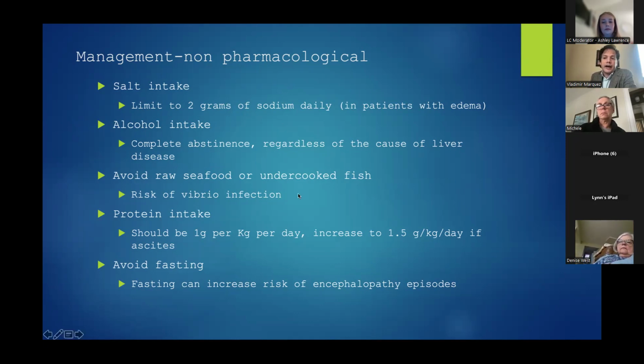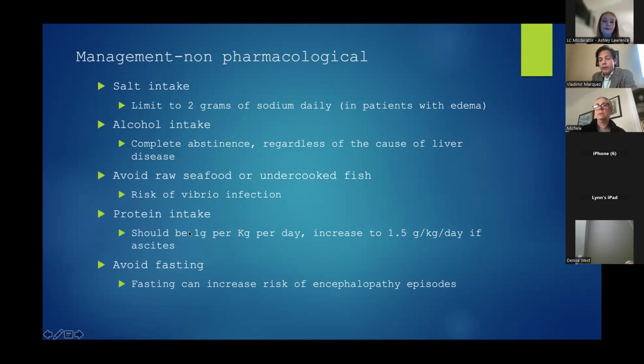Something that is out there is the avoidance of raw seafood or undercooked fish in patients with cirrhosis. Why? Because there is sometimes a bacteria that can be found in seafood and fish called Vibrio. And Vibrio, for some reason, in patients that have cirrhosis and advanced cirrhosis, can actually be more severe than if someone without liver disease catches it.